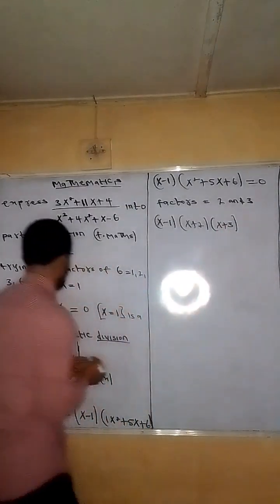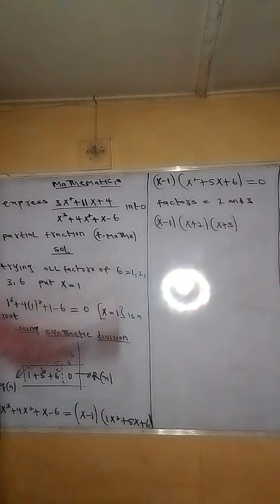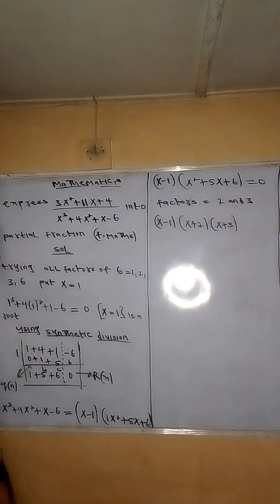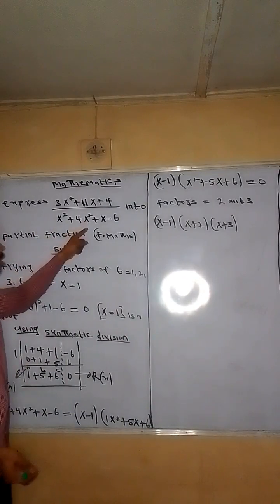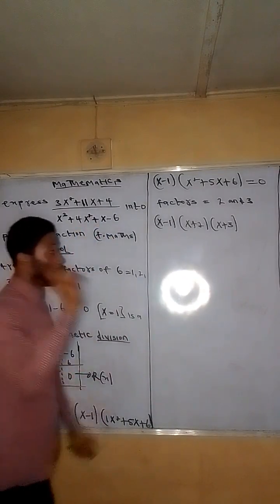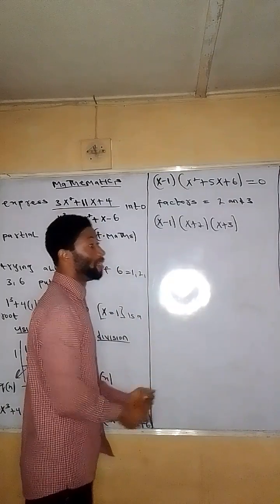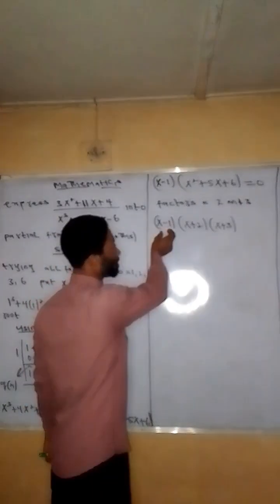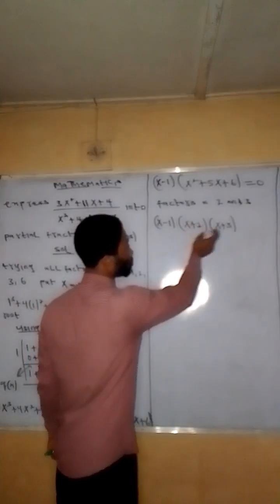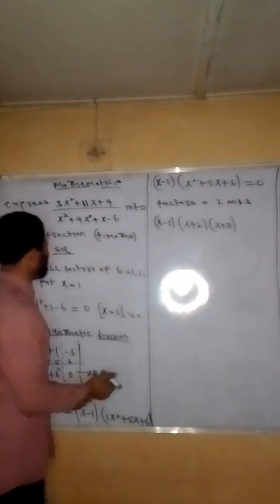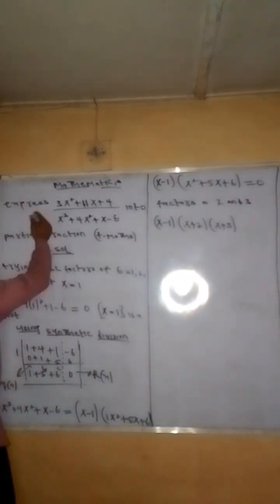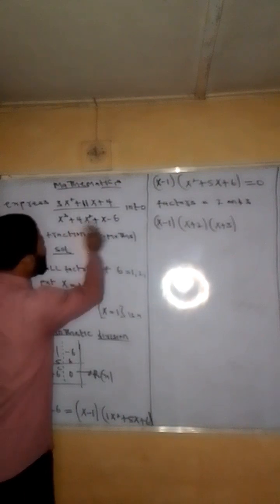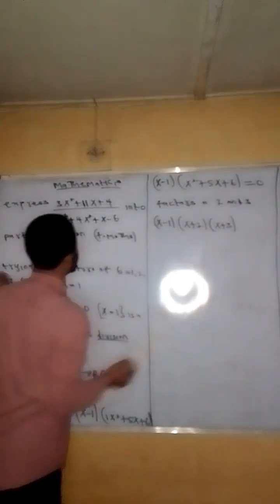So this polynomial you are seeing is the same thing as this cubic polynomial when you factorize. So s cubed plus 4s squared plus s minus 6, when it is factorized, expressed into its linear factors, we are going to have s minus 1 into s plus 2 into s plus 3. Now, the task begins. All we need to do is that anywhere we see these factors, we write them like this.